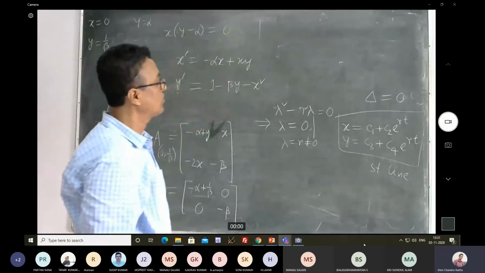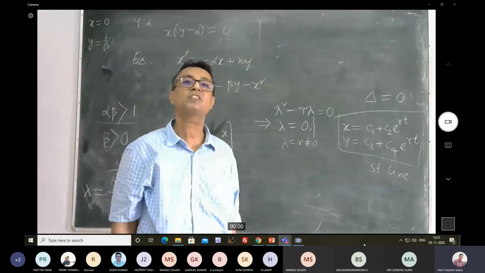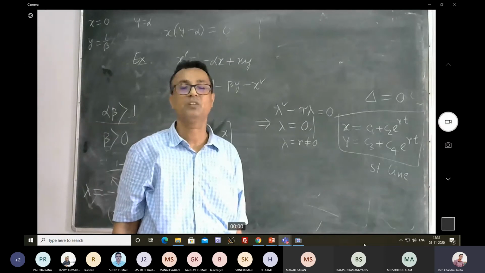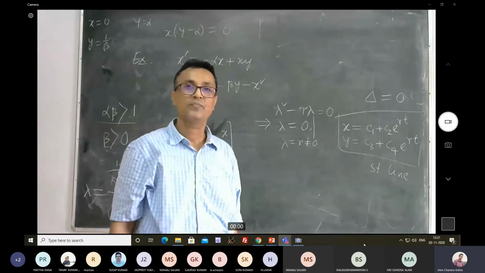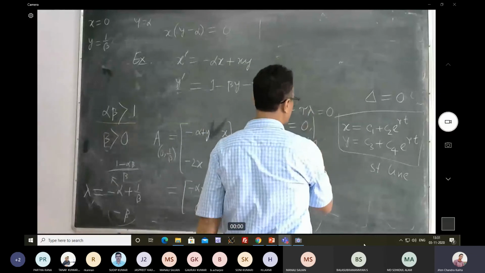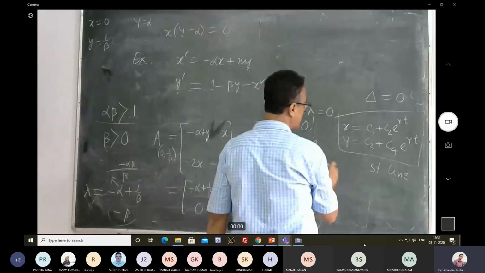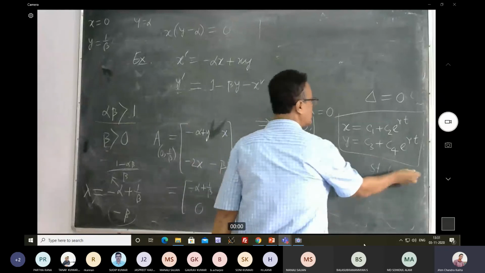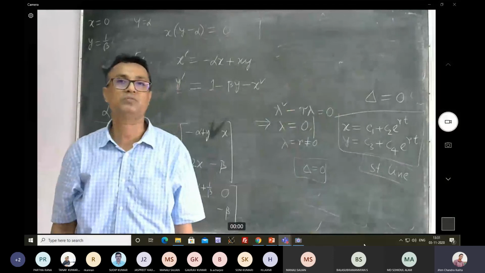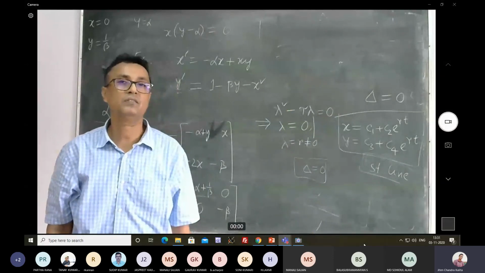So then what is going to happen? Your trajectory is going to be simply a single point. Okay. So here what happens if lambda equal to 0, right? Either you are going to get a single point or you are going to get trajectories as straight lines. That is what is going to happen in case of a degenerate system.